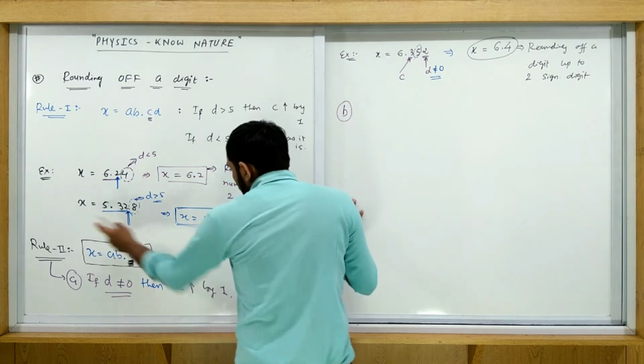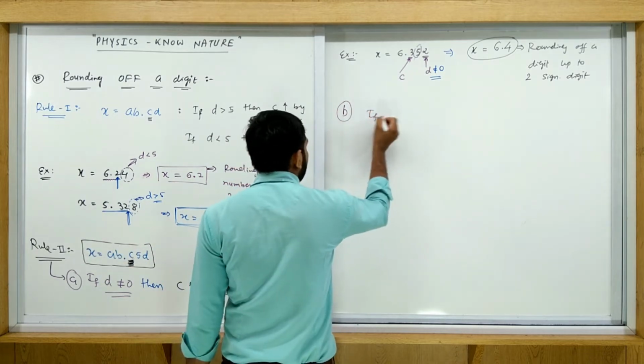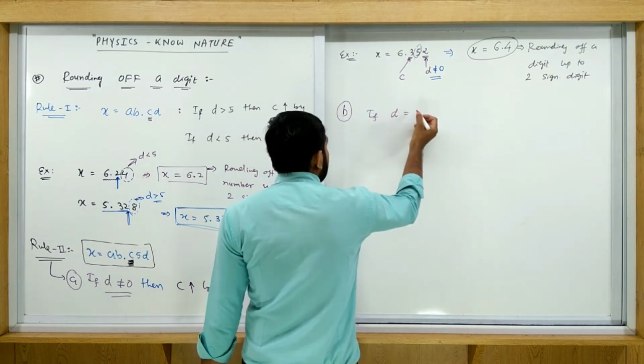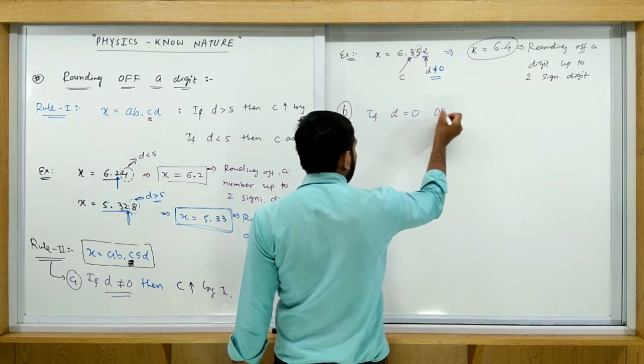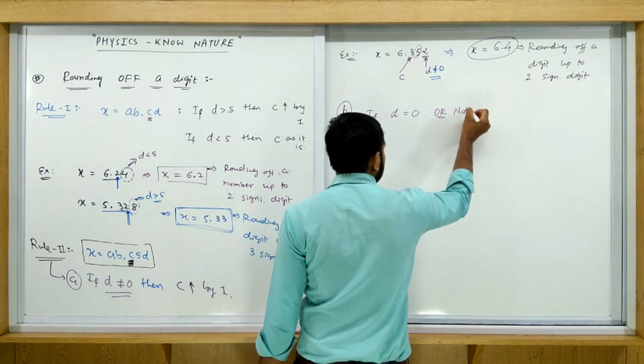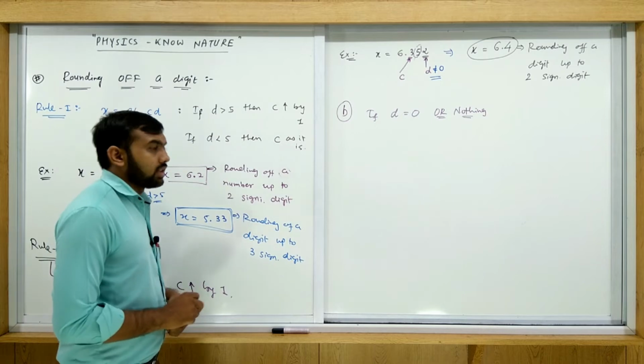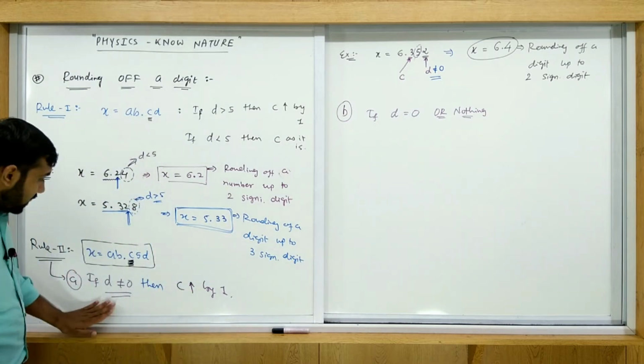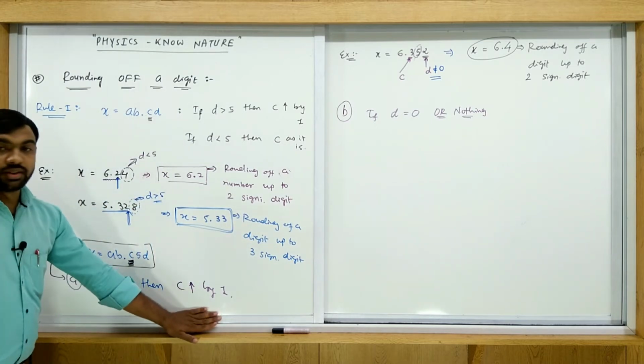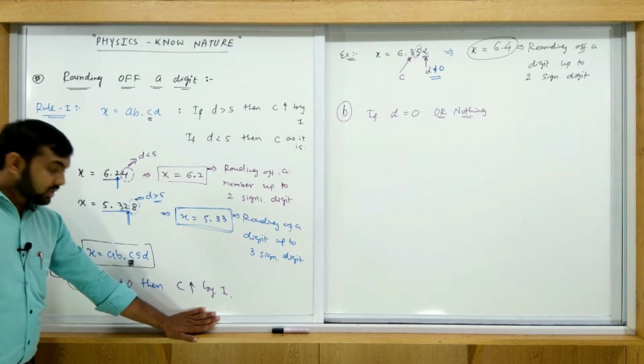Rule number 2. In this case, if D is equal to 0 or nothing, D is not 0, C is increased by 1.